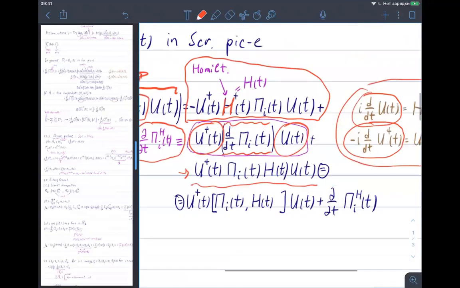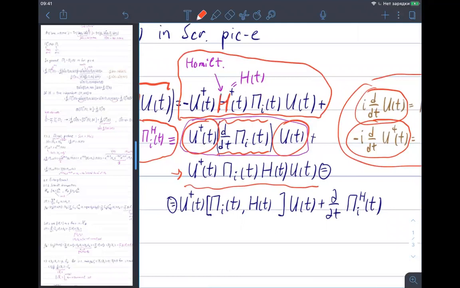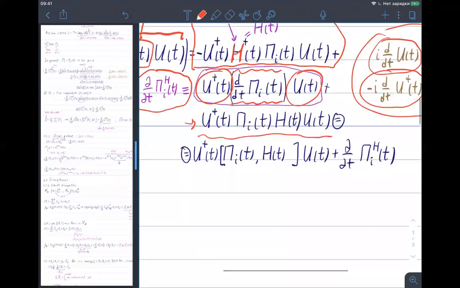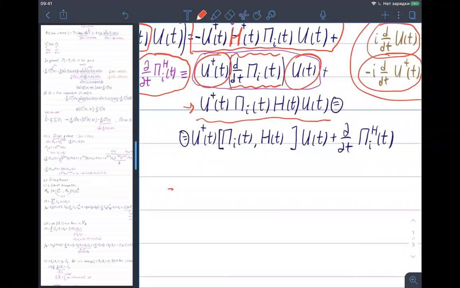You see that, unfortunately, if our Hamiltonian is time dependent, then in the general case your Hamiltonian and your unitary operator at some time t may not commute. So in this case we come to this not very nice expression.